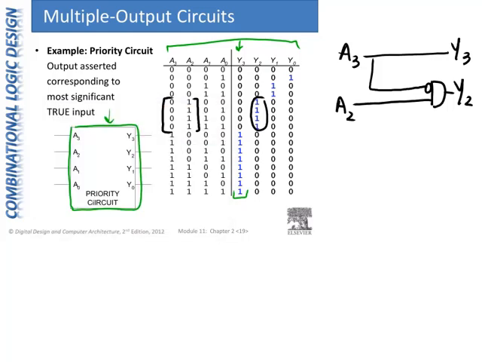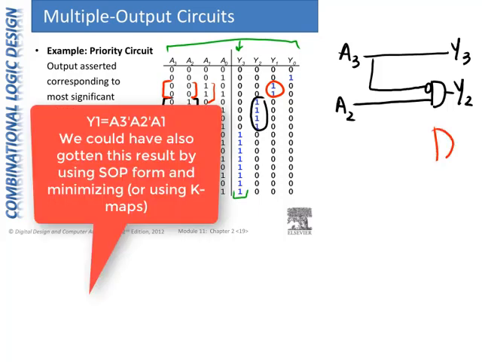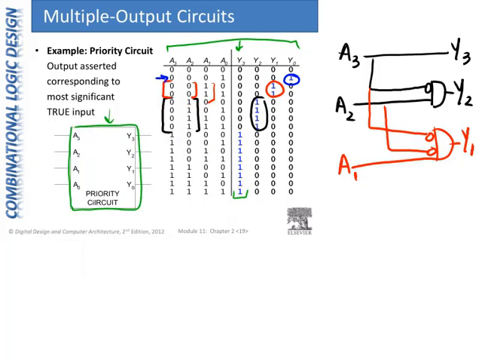Similarly, we can see that Y1 is going to assert when A3 and A2 are 0 and A1 is true. So now we have A3 bar, A2 bar, and A1. Then we'll get Y1 to assert. And Y0 is going to assert, well, I can immediately use my sum of products, my minterm there.